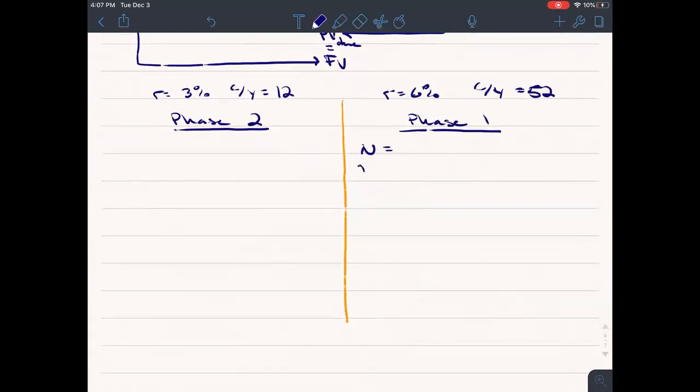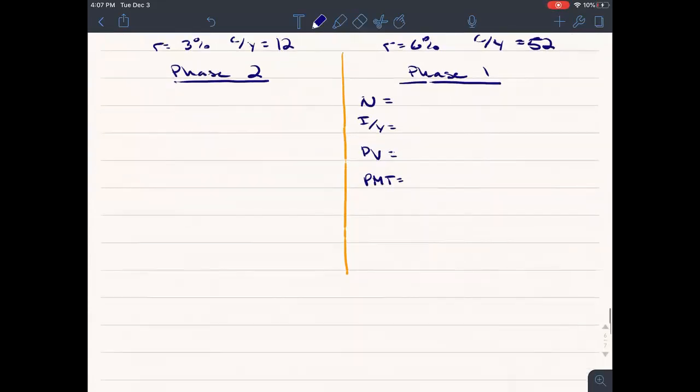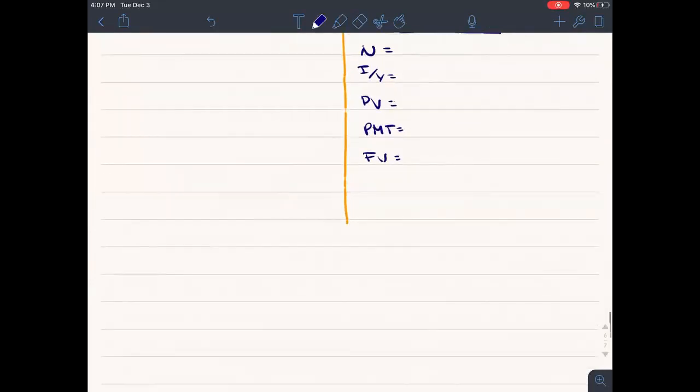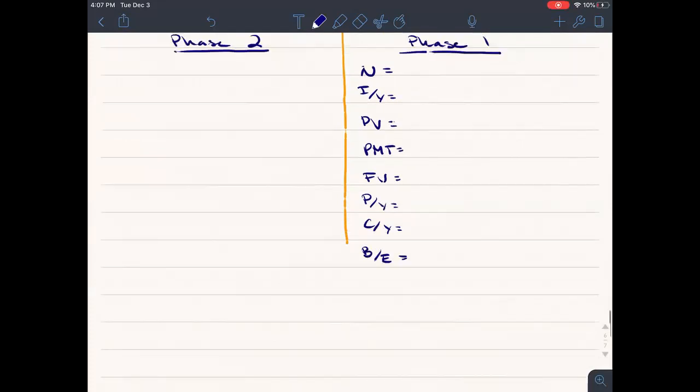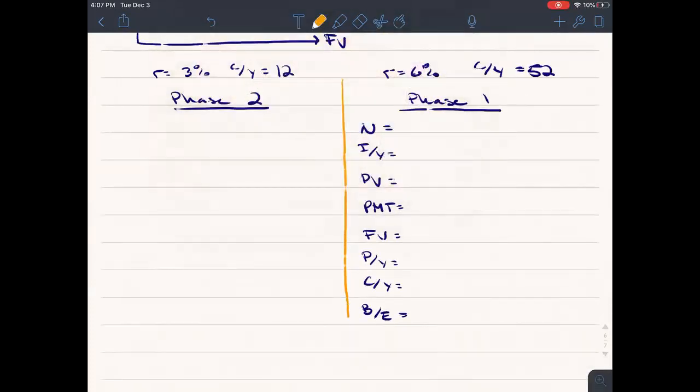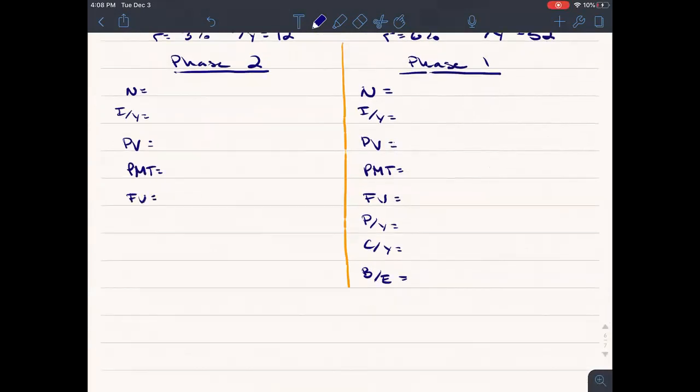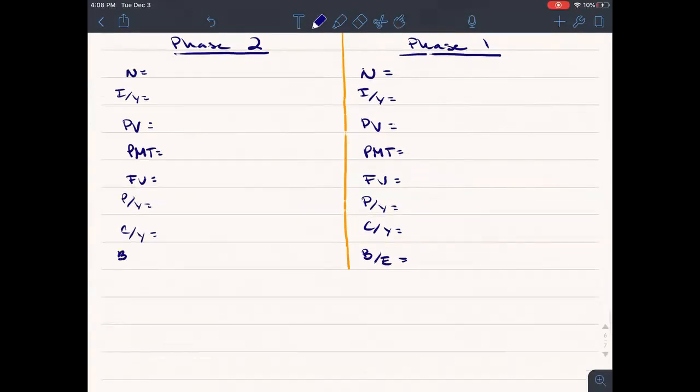So I've got N, interest per year, present value, PMT, future value, payments per year, compoundings per year, and beginning or end. Same thing over here.